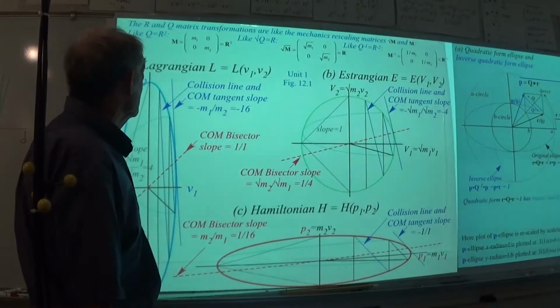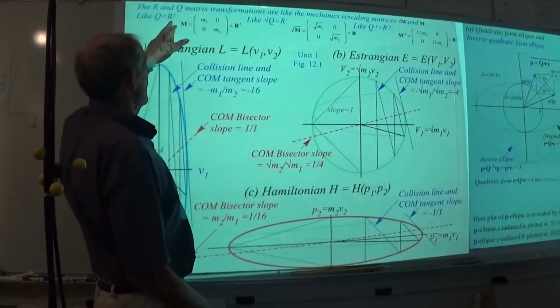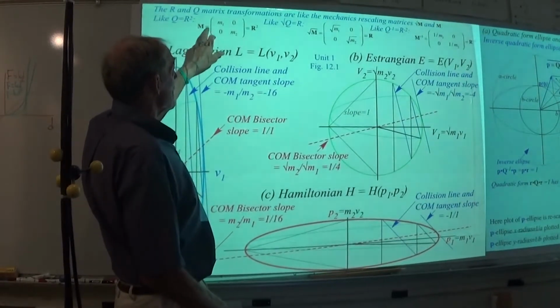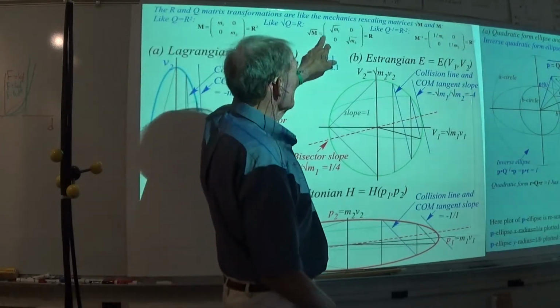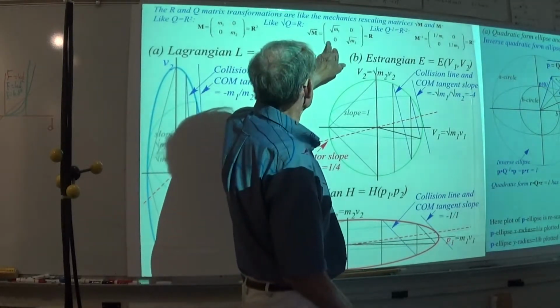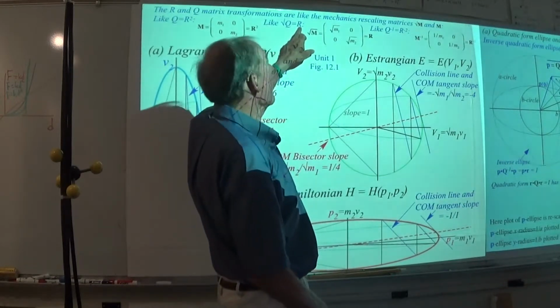But where we're headed is this. This is what we're after. Our Q, which is r squared, is going to be the mass quadratic form. And then the square root of the mass quadratic form, okay, that's just plain old r. R for root.